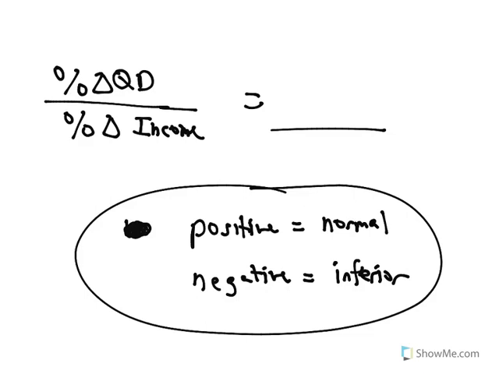With price elasticity of demand, we're looking at is demand elastic, inelastic, unit elastic, perfectly inelastic. With cross price, are they complements or substitutes in consumption? And then with income elasticity of demand, are they normal or inferior goods? So just practice with using those formulas and you should be fine.